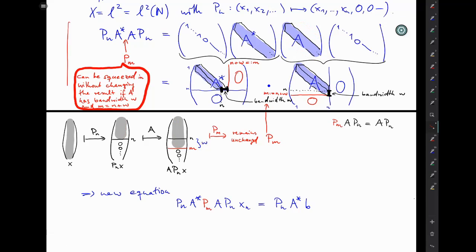But then you could repeat the same argument for A star in the other direction, or you could simply take the adjoint of this equation. Let's do that.